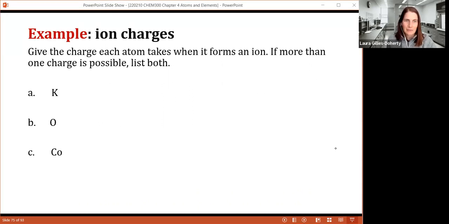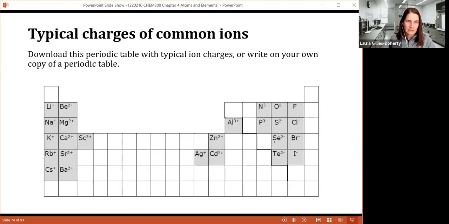Okay, let's do another example problem. Give the charge each atom takes when it forms an ion. If more than one charge is possible, list both. So potassium. When potassium forms an ion, we can go back to our periodic table of ions. Potassium is in the first column of the periodic table, so it's going to make a 1+ ion.